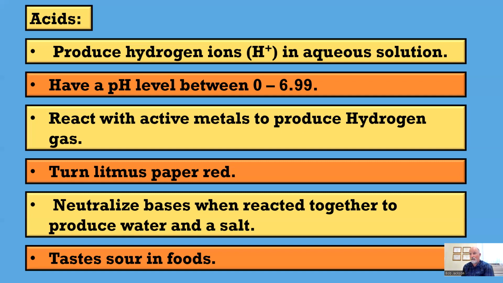Then the next point I have there is many of our acids will react with active metals. As you go into chemistry, you learn what some active metals are, like zinc and magnesium and sodium and calcium, that are pretty reactive metals. If you take those metals and put them in an acid like hydrochloric acid, which the ones I have in class will play around with, it'll pretty quickly make hydrogen gas.